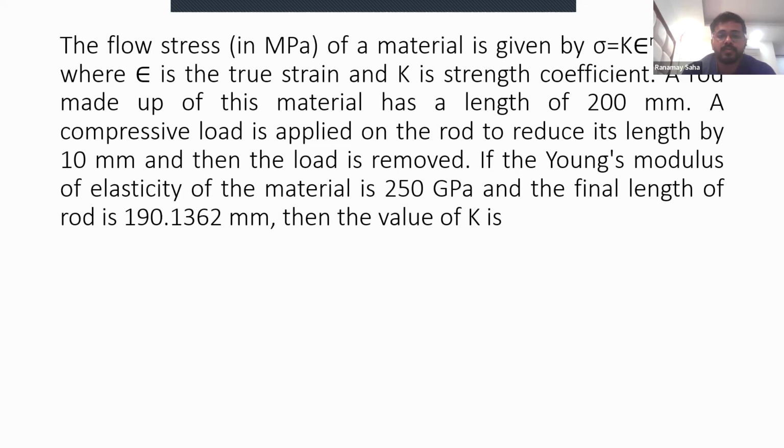A compressive load is applied on the rod to reduce its length by 10 mm, and then the load is removed. If the Young's modulus of elasticity of the material is 250 GPa and the final length is 190.136 mm, then the value of the strength coefficient has to be found out. So you give it a try and then we'll proceed to the solution.